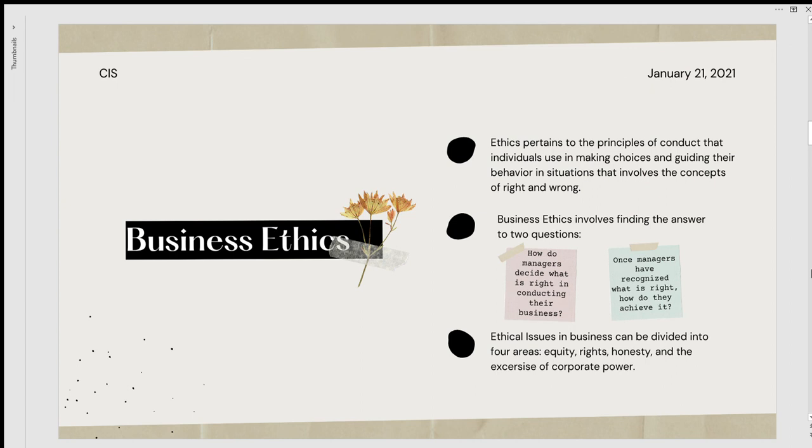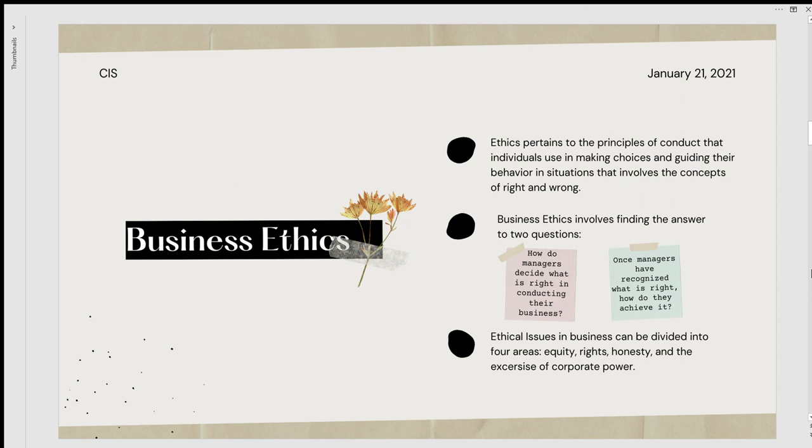Next is business ethics. Ethics pertains to the principles of conduct that individuals use in making choices and guiding their behavior in situations that involve the concepts of right and wrong. So ethics is like our guidance in our everyday lives to help us judge whether our behavior and decisions are justifiable. So it guides our decisions and actions to have a positive impact.